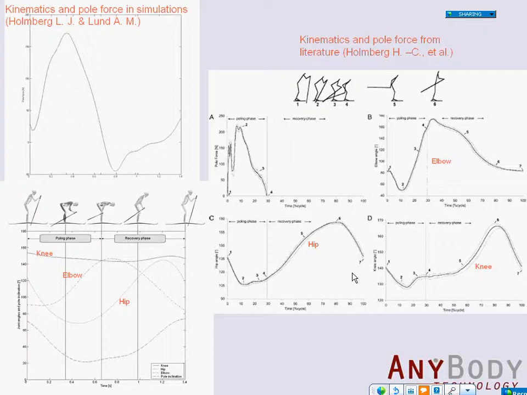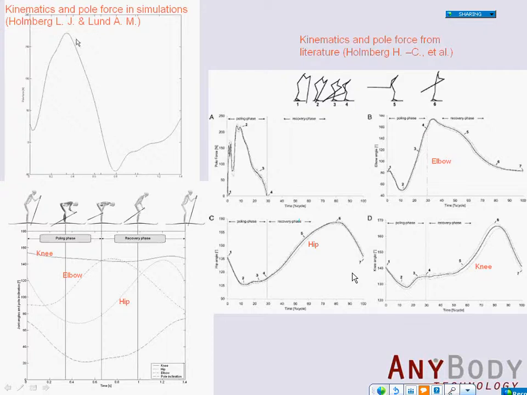For example, we can look at the hip, and we have the hip angle for the roller ski studies, and the angle minima down here is almost exactly at where we have the peak pole force. And if we go over to the ergometer simulation study, we have the same. We have the angle minima for the hip about here, and that's almost at the maximum pole force.